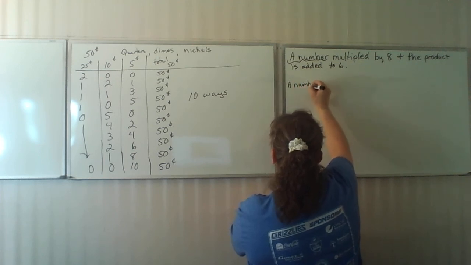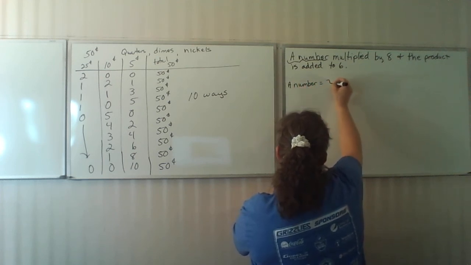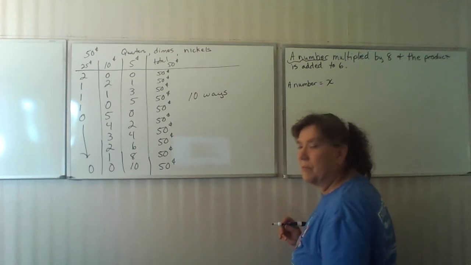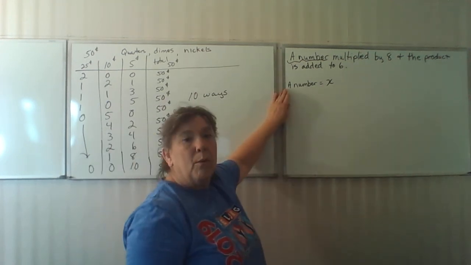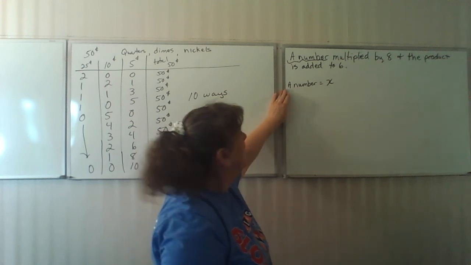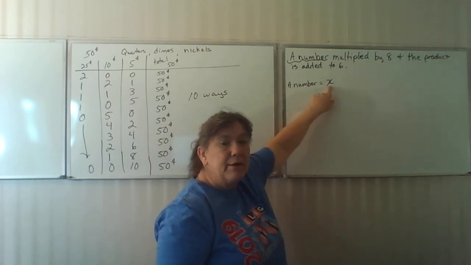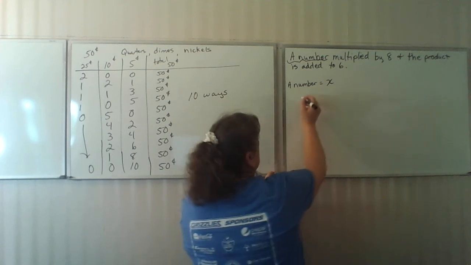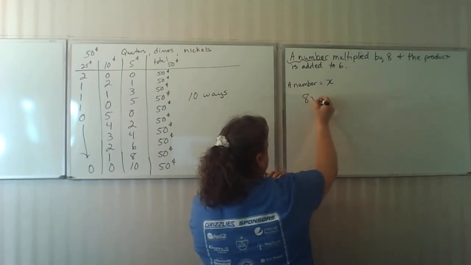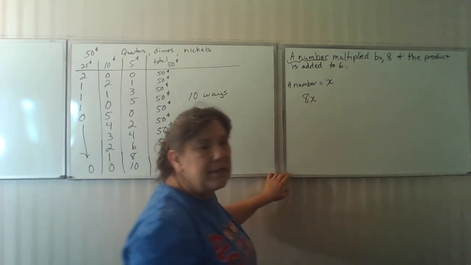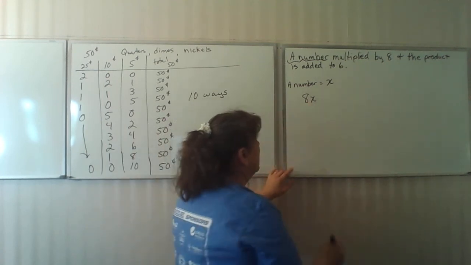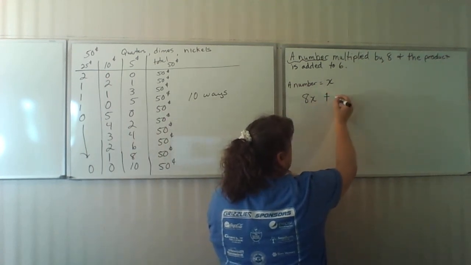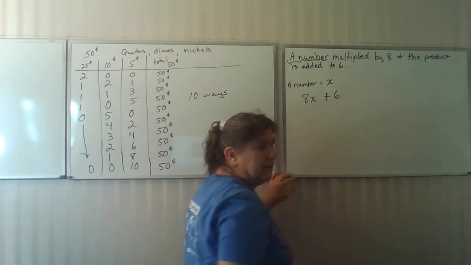So a number is going to be a variable x. All right? So a number equal to x, multiplied by 8. So that means this number here is going to multiply by 8. So it's going to be 8x. And the product refers to my 8x is added to 6.